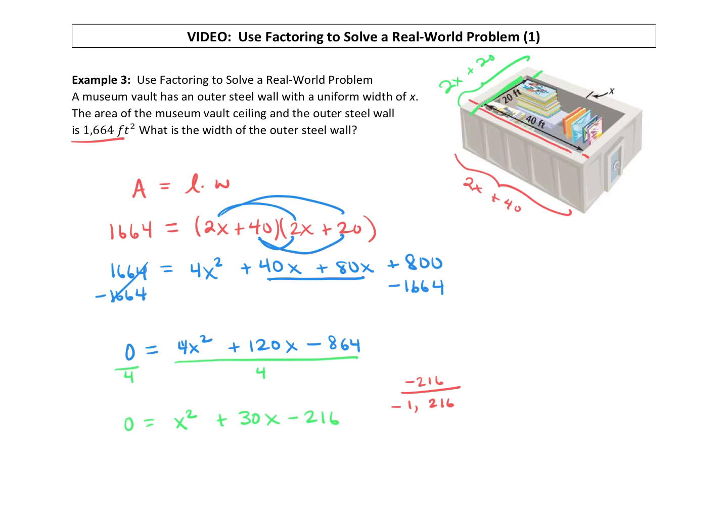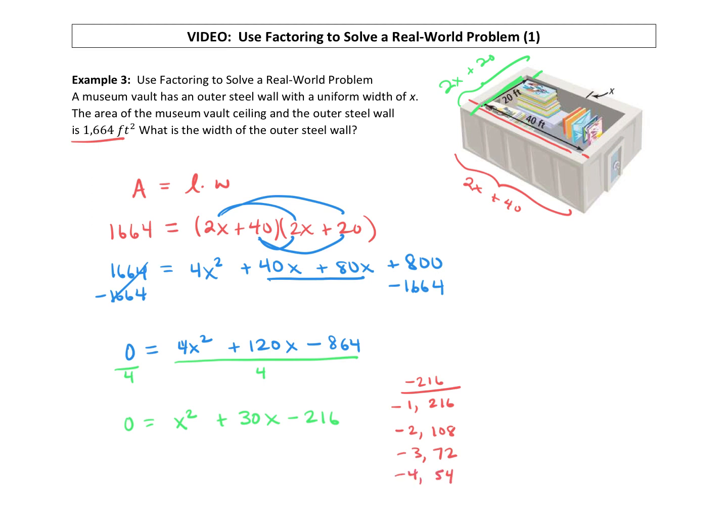All right, negative 1 and 216 do not add up to 30, so we're going to keep going. 2, but I'm going to make the smaller factor negative, and 108, that does not add up to 30. 3 is a factor, negative 3 and 72, that one doesn't work. 4 is a factor, negative 4 and 54.